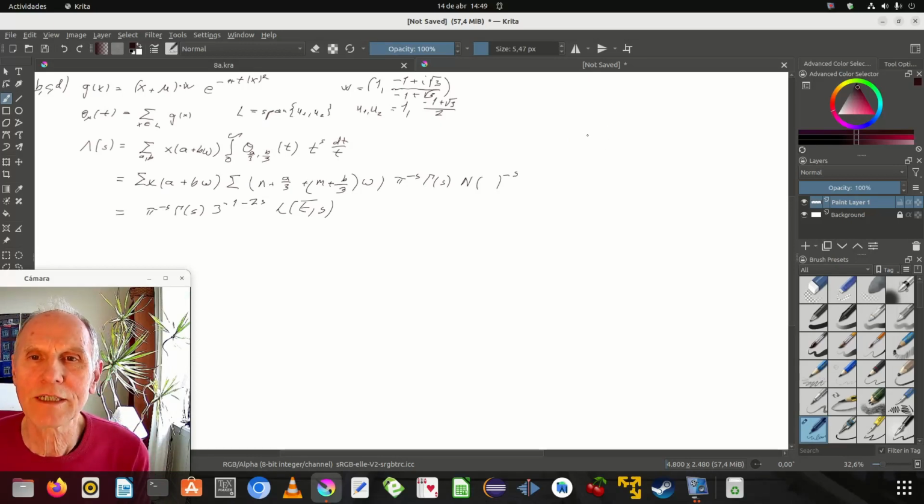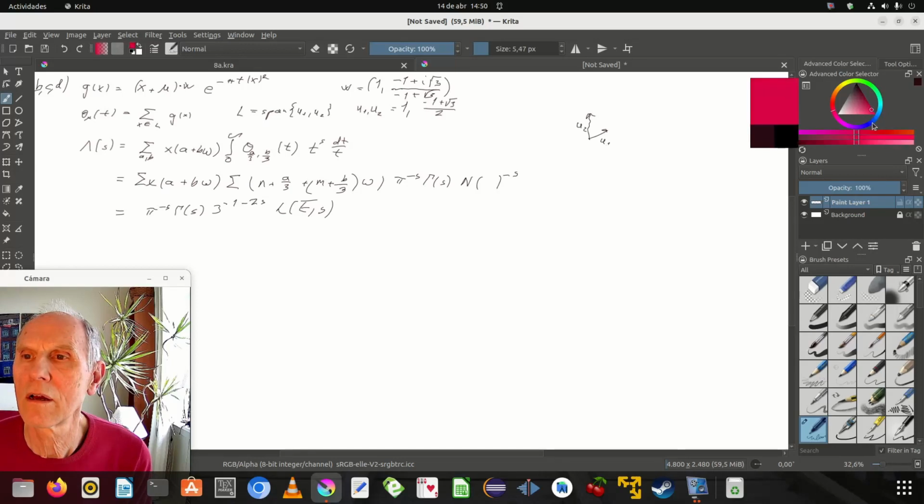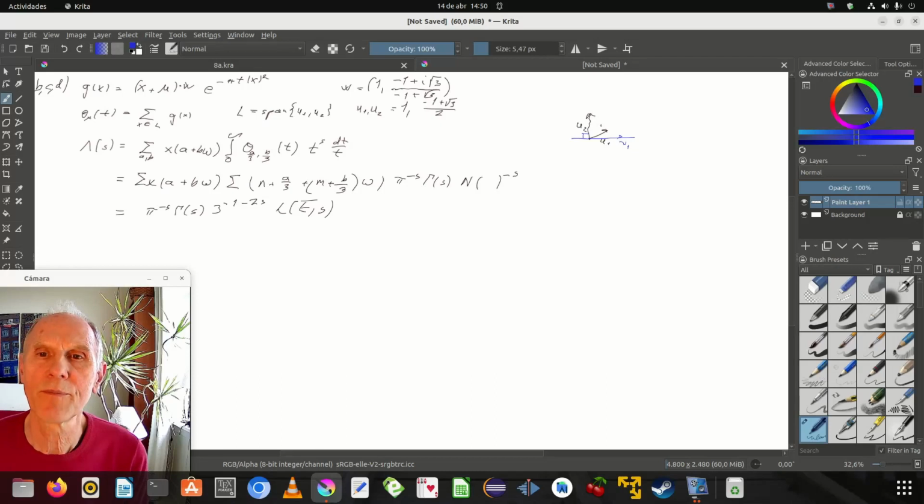So let's have a lattice with a right-handed generator set, and then V1 must be orthogonal to V2, and the product of these two, the scalar product, must be unity.